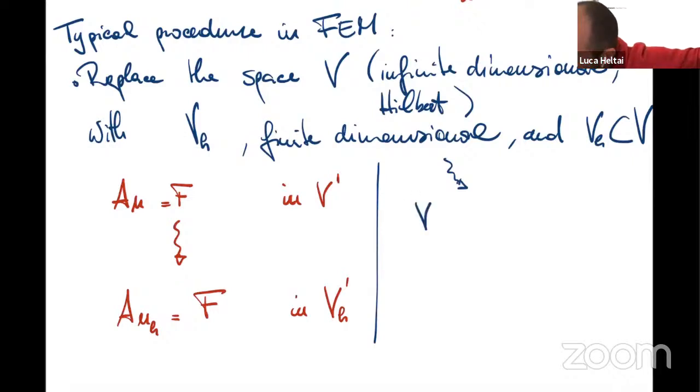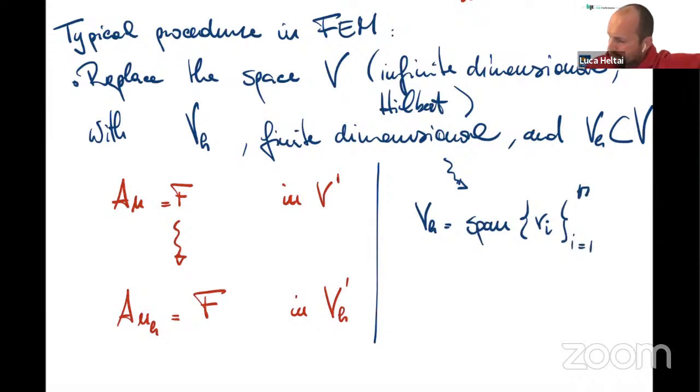So I can write VH as the span. Now I will write consistently basis functions with the lower index here, and you will see clearly why I do this in a few seconds. If they are basis functions of the primal space, okay.